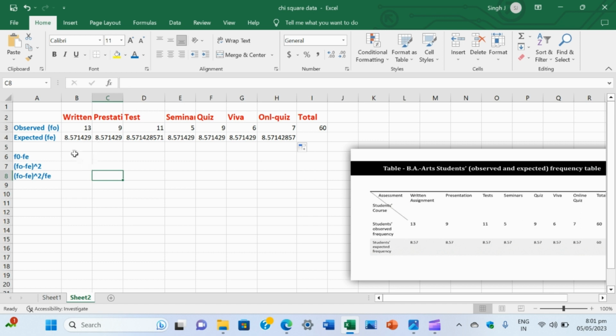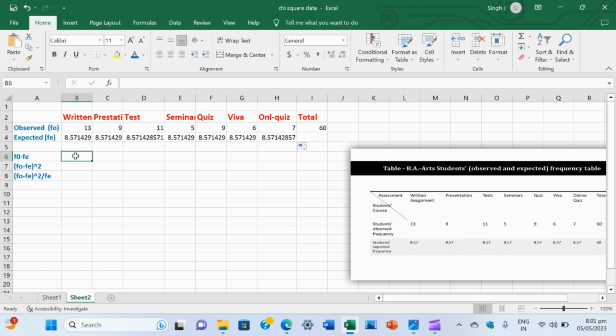In this way we get the expected frequency. Now, as we know, in the formula the chi-square value is equal to the sum of the observed frequency minus the expected frequency, squared, divided by the expected frequency. So first we calculate the difference of fo minus fe, that is observed frequency minus expected frequency.